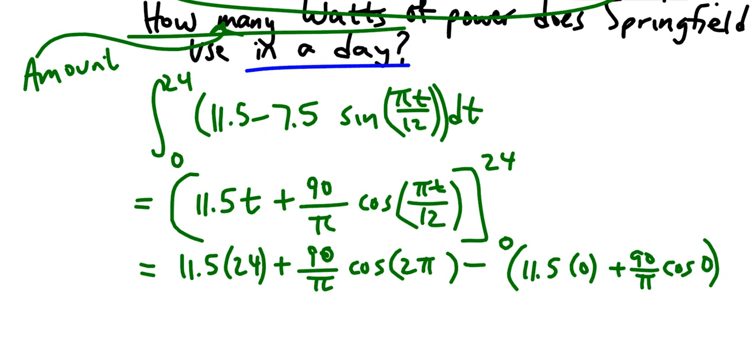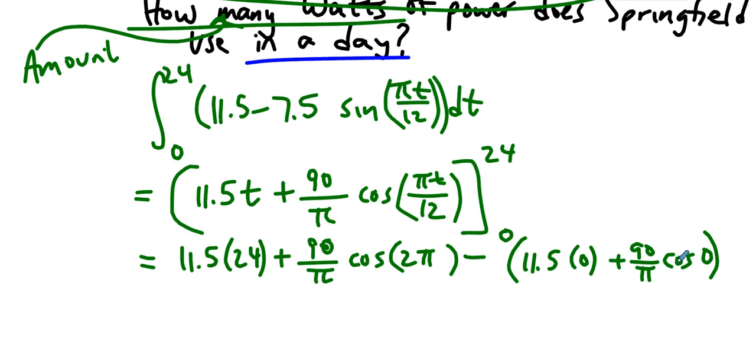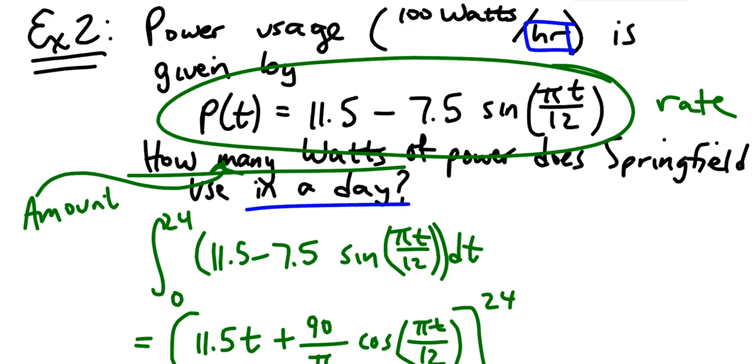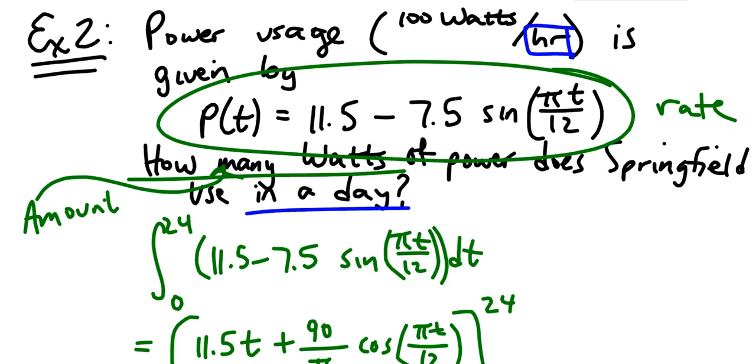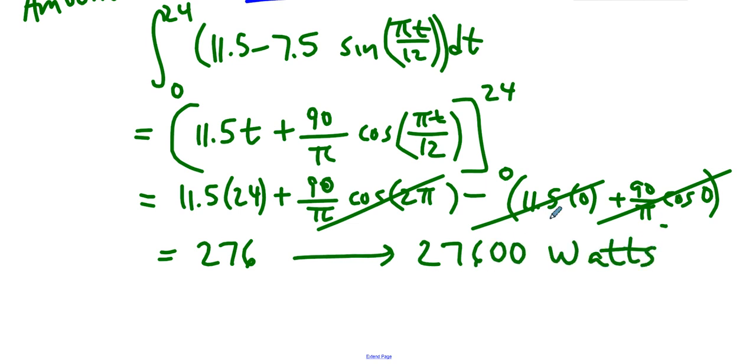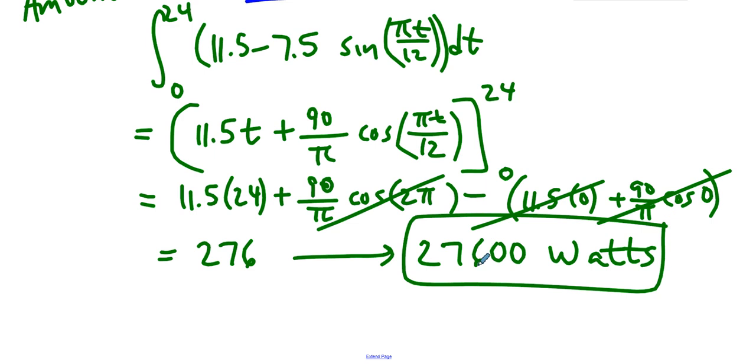Well, the cosine of 2 pi is the cosine of 0, so these are the same. That is 0. So 11.5 times 24 is 276. 276 is the number of hundreds of watts. So this means 27,600 watts in a day.